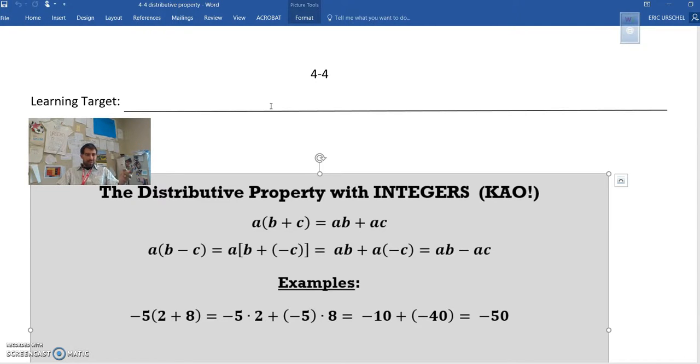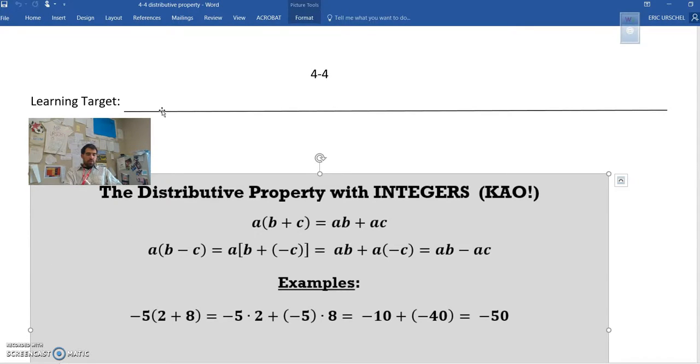So we talked about how to write expressions, evaluate, or find the answers, to solve expressions, and then to use like terms to simplify expressions. And now we're going to talk about the distributive property to simplify expressions.